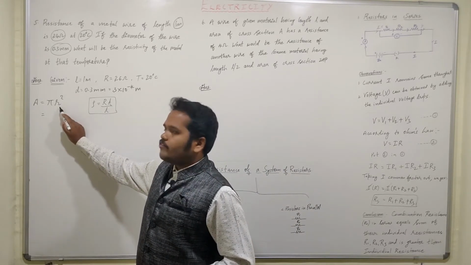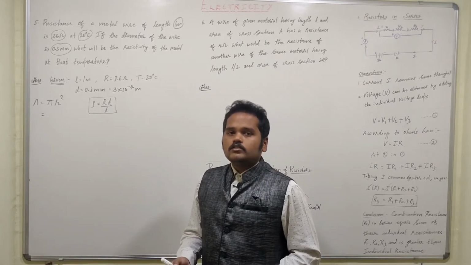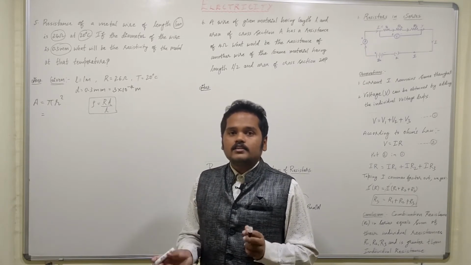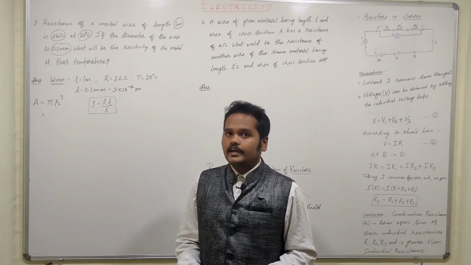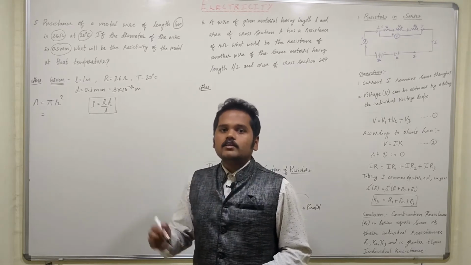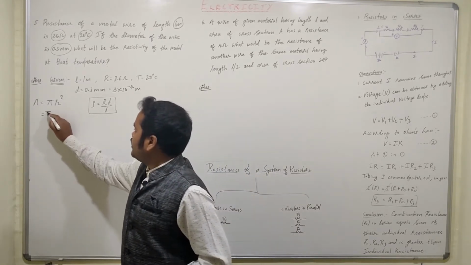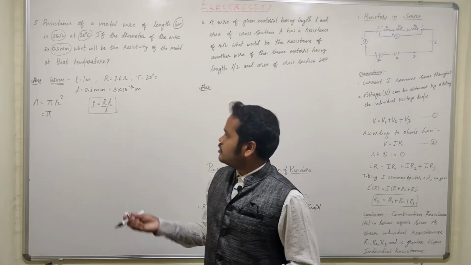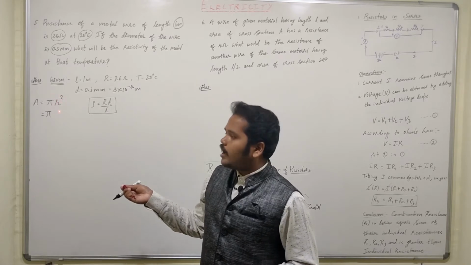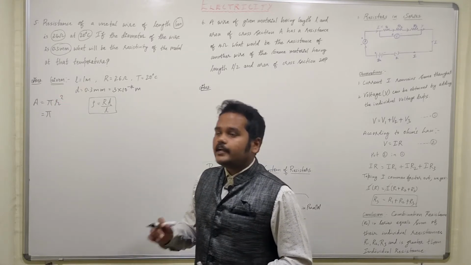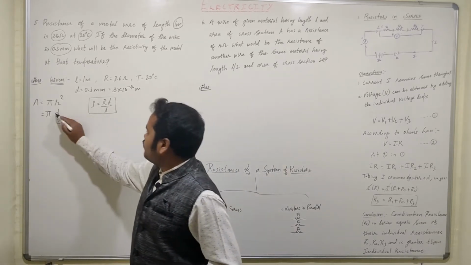Now, have they given us the radius? No, they have given us the diameter. So how are radius and diameter related? Radius is half the diameter. So in place of r, I write D by 2, and we have this whole square.